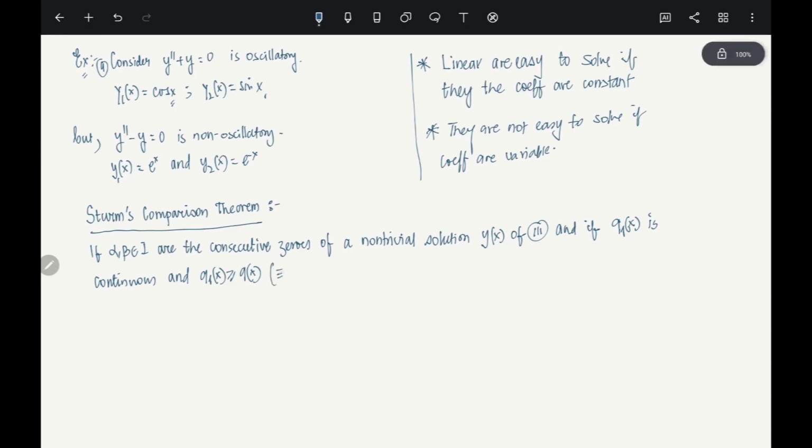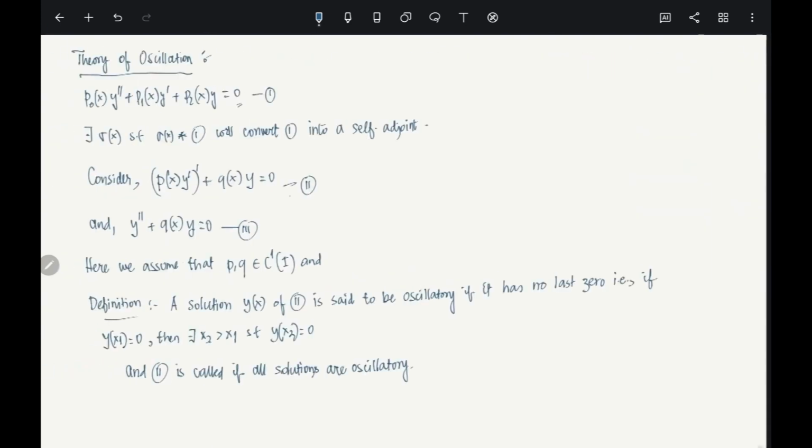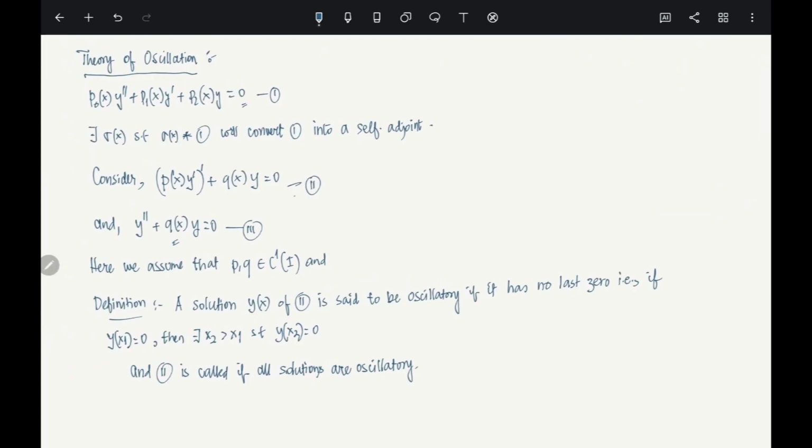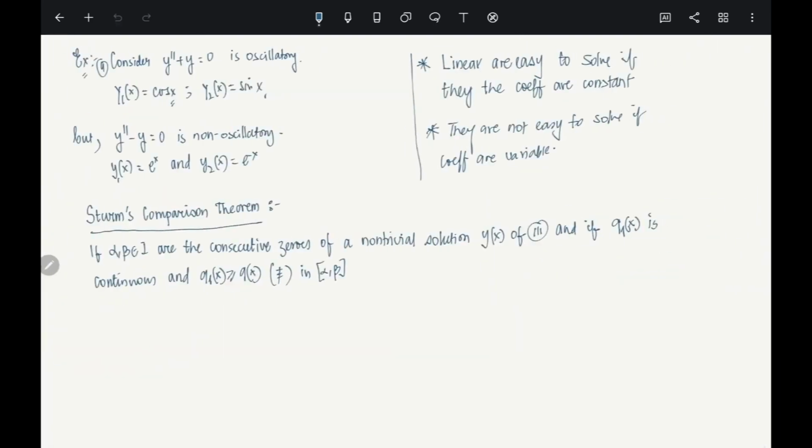They are not equal in alpha beta, but q1 of x is greater than or equal to q of x. For some points they may be equal, but generally they are not equal. Since both are continuous, if they differ at one point, they differ in some neighborhood of that point. So that is the only assumption.